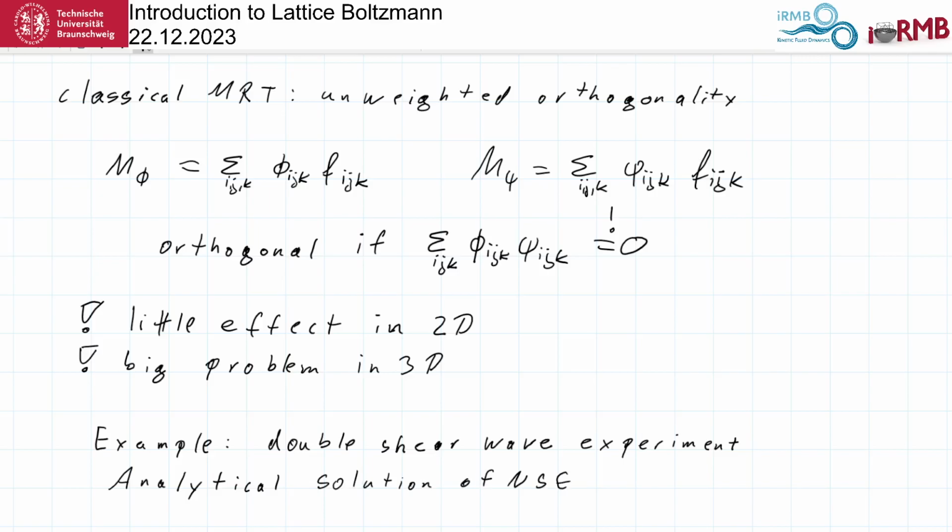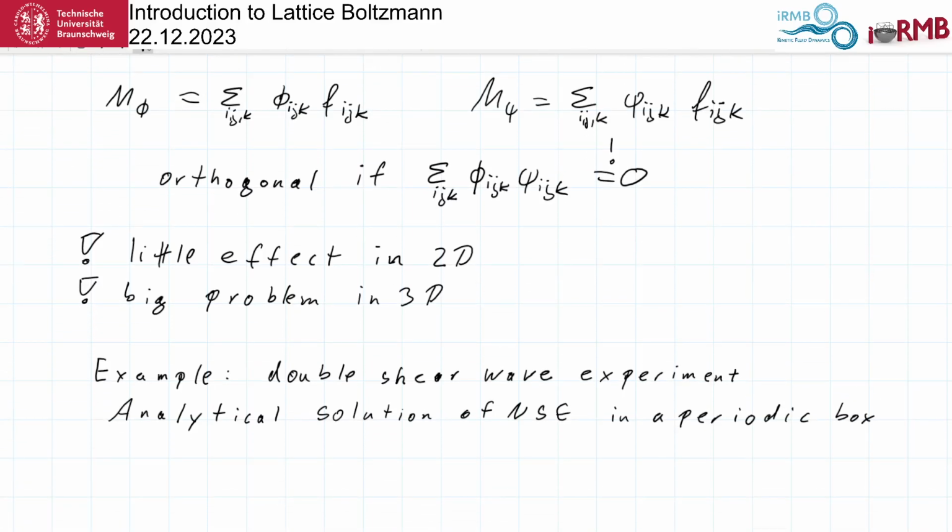And we have an analytical solution in a periodic box, and this box has a size, let's call it L times delta x. Delta x means there's only one grid spacing in that direction.